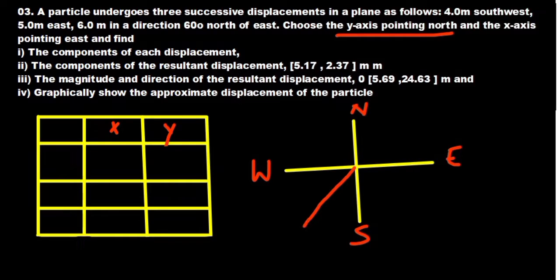So this is what we have. Southwest, what does it mean? It means that we're going down. Southwest, 4 meters south of west. So this is a 45.